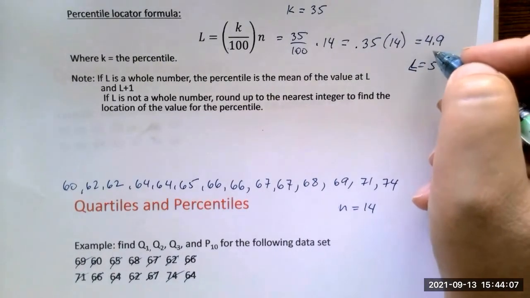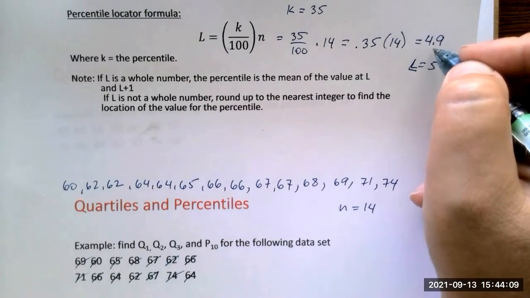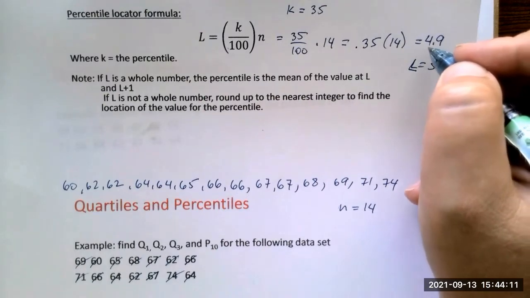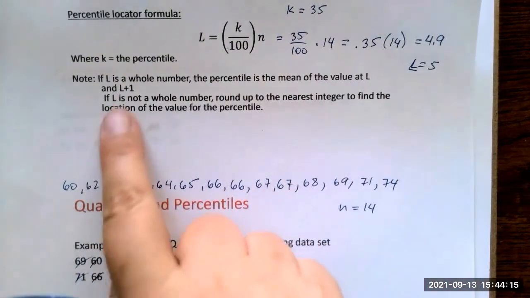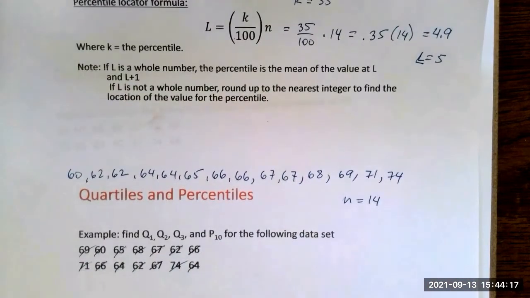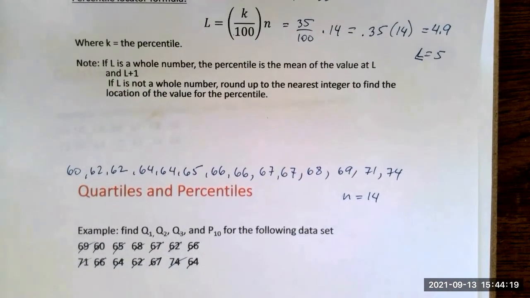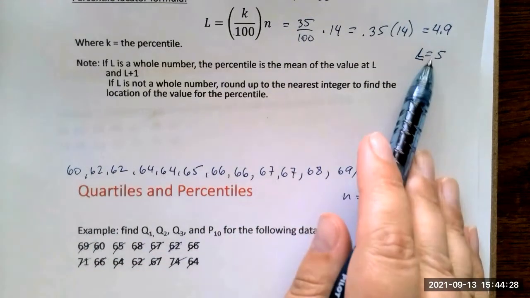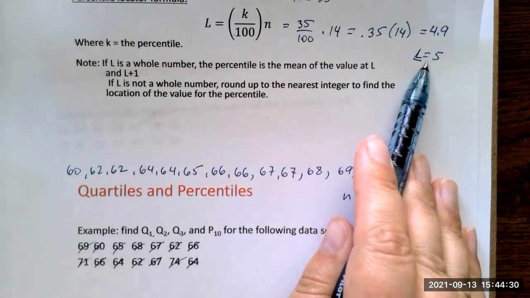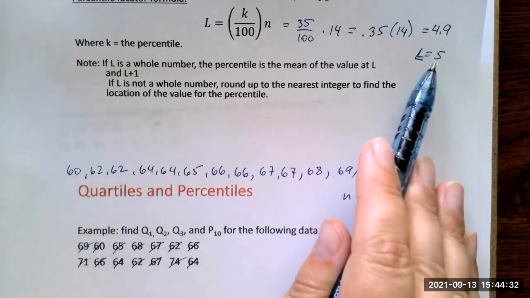But we would have rounded up even if we got 4.1, 4.3. Even with 4.0, we would go L plus 1 and get 5. And then you go into your data set and find the data value number 5. So your 35th percentile is the data value number 5.